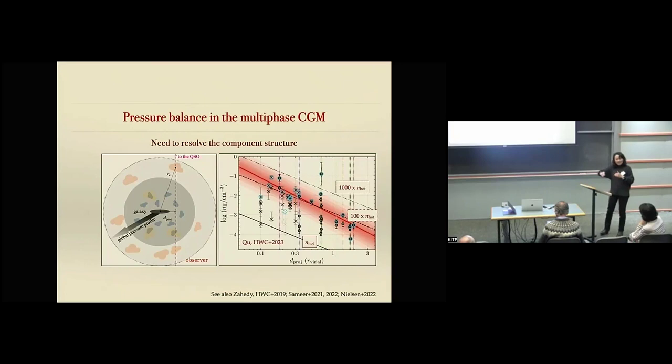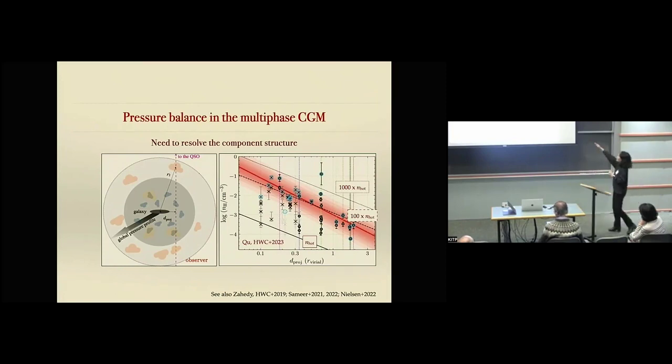He did a painstaking job to decompose these components, did the ionization modeling and inferred the density for each component. And you can see that along each single sightline, the density fluctuation goes beyond an order of magnitude. It's really dramatic. And so what does that mean? There's really the question about pressure support. And this is indeed a really information-loaded figure.